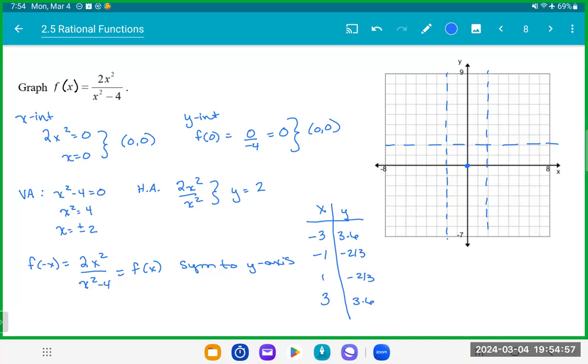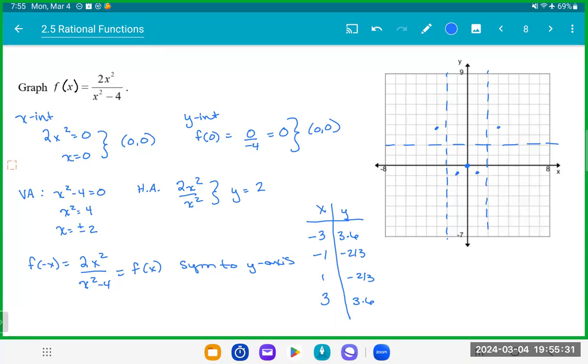Okay. So let's go ahead and plot some of those points. We have -3, and then we are up here at 1, 2, 3, almost 4. And then -1, and we're down at -2/3. And +1 down at -2/3. And then at +3, we're up here at 3.6.